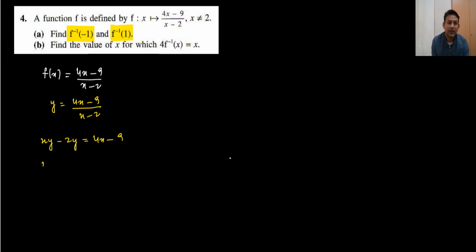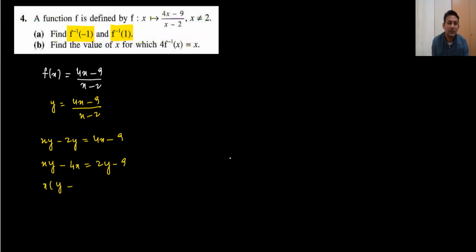Keep x on the left-hand side, xy minus 4x. This should be on the right-hand side, so 2y minus 9. x is common. We always take x common to make the subject. Sorry, this is 4x actually.